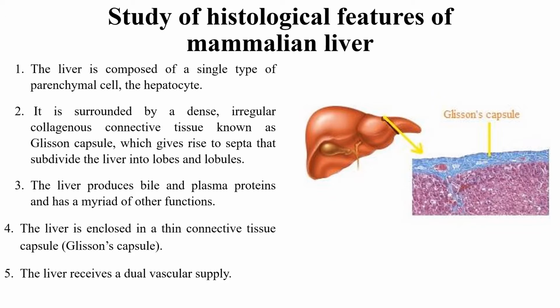The liver is enclosed in a thin connective tissue capsule, which is irregular, dense collagenous connective tissue called Glisson's capsule.